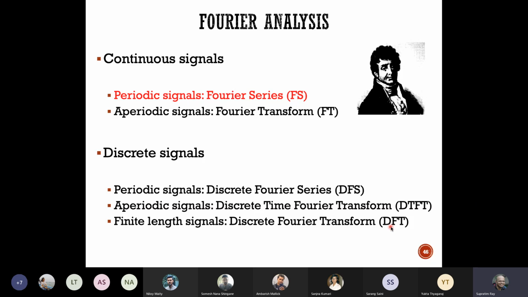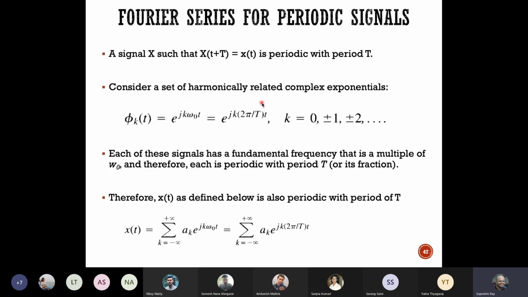All right, so now let's get to a periodic signal first. This takes us to the domain of Fourier series. What's a periodic signal? Let's talk about the continuous case. It's a signal x which repeats itself, so x(t + T) is just x(t). This is quite straightforward.